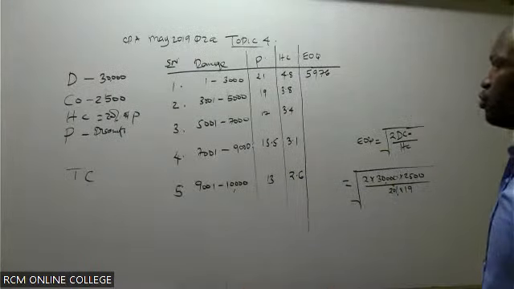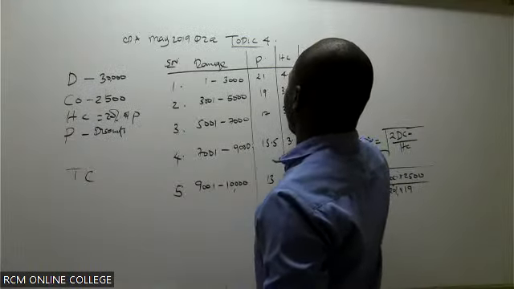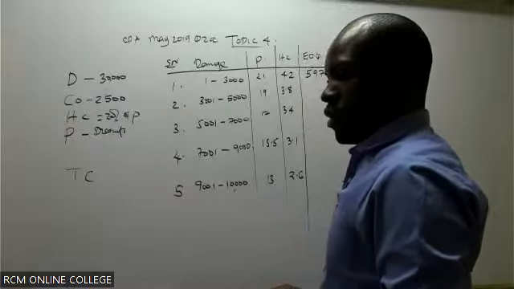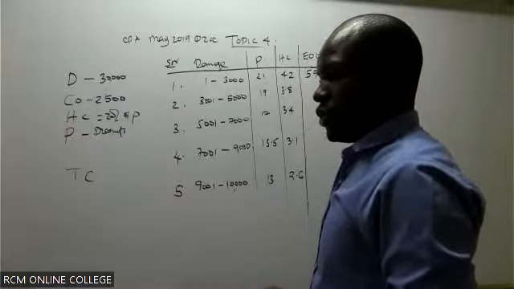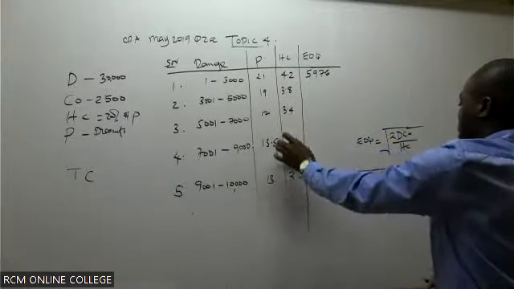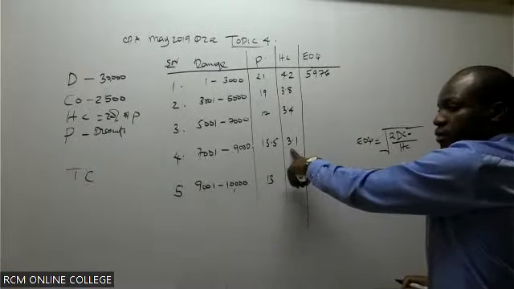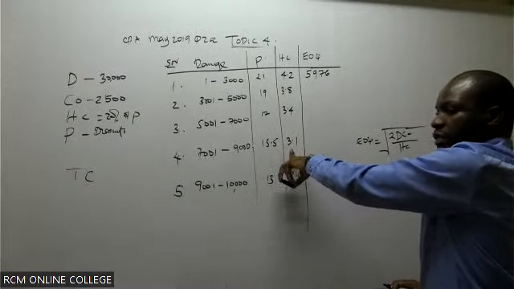Oh, here it is 4.2. I misled you a bit. 20% of 21 is 4.2 for the first one. How about the rest? Are they okay? Check for me this one here: 15.5 by 0.2.